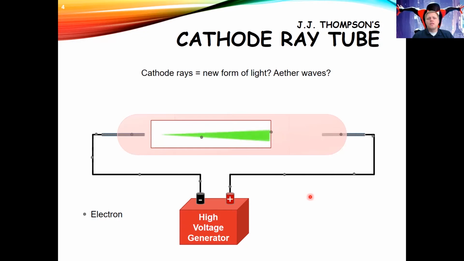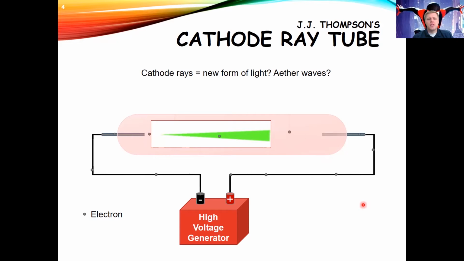And what happened was he started getting fluorescent lines forming on these phosphor sheets as he shot this electric current through. So he said, I've discovered some new particle flying through here. He wasn't sure if this was some sort of light or some sort of ether wave, which we now don't really believe in.